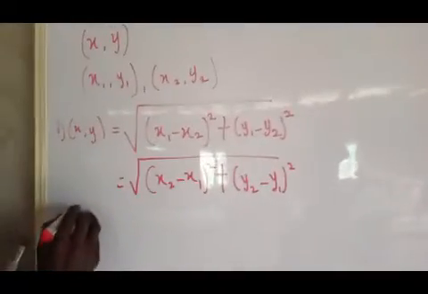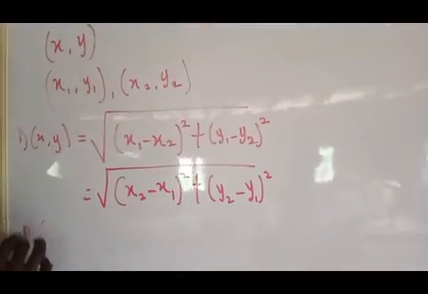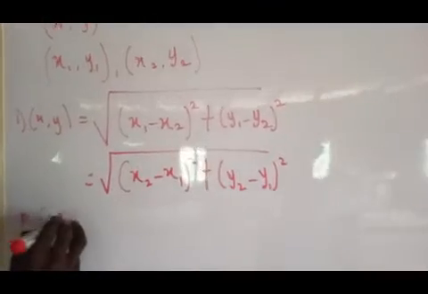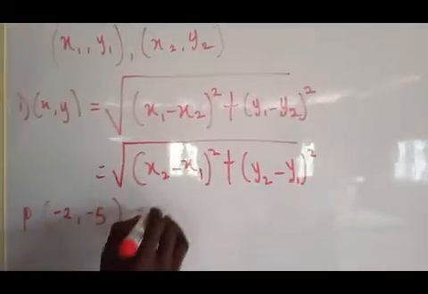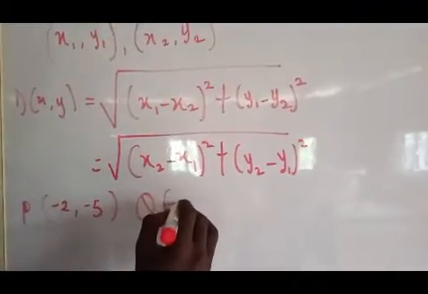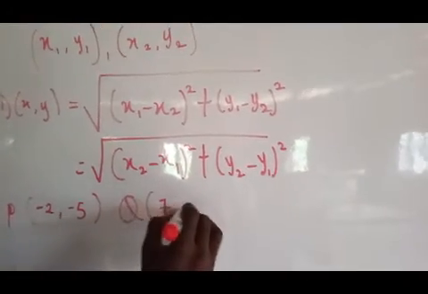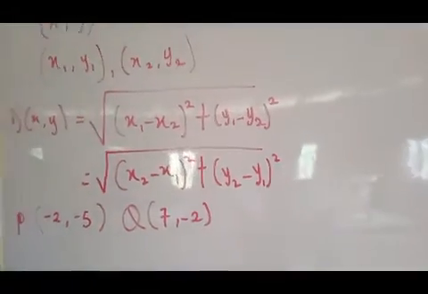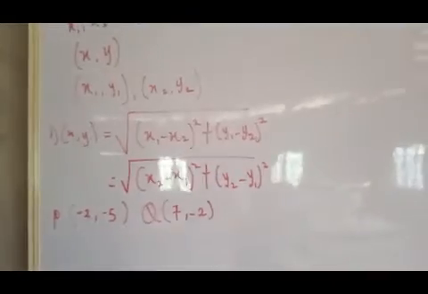Let's say we have p as -2 and -5, and I have my point q as 7 and -2. If I want to get the distance between these 2 points, how will I get it?